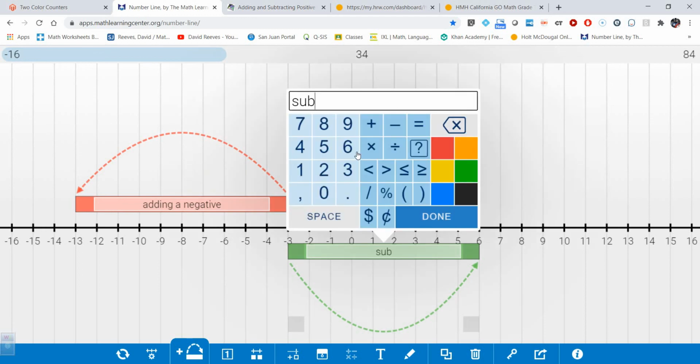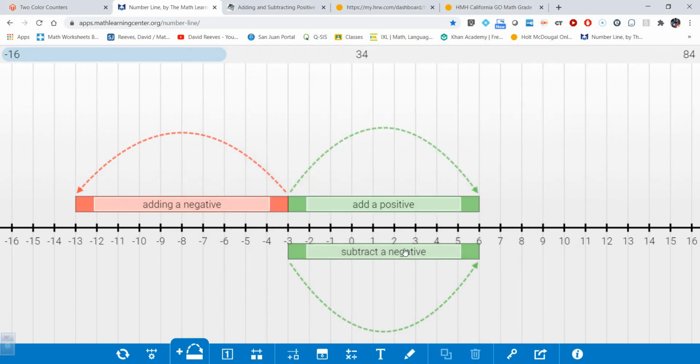I can subtract a negative. I can subtract a negative here. And I bet you know what we're going to do next. Over here, I'm going to flip this one around.